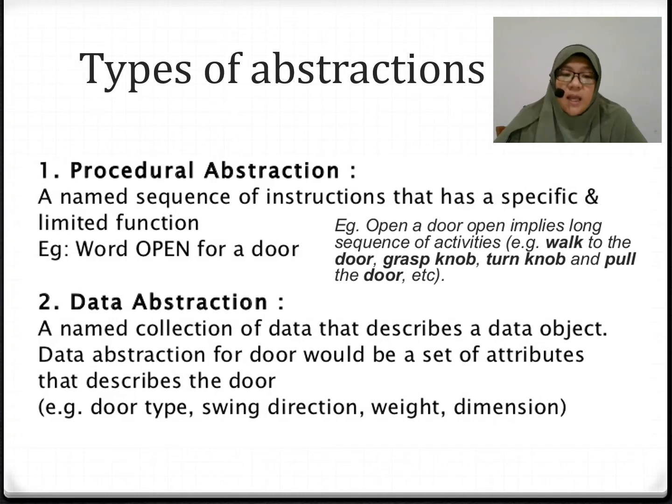Then we have data abstraction. Right. So data abstraction is a named collection of data that describes a data object. So this is more like your Java, which is also object oriented.